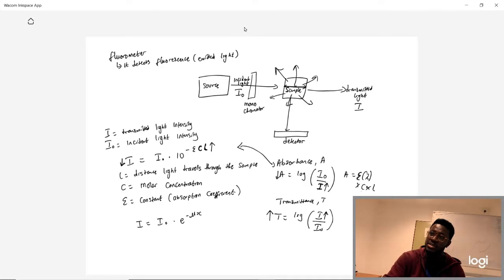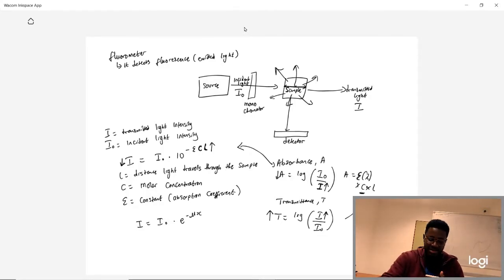So using the absorbance, you can calculate the concentration of solutions, especially dilute solutions, because for dilute solutions the graph gives you a straight line. So you can easily calculate it.